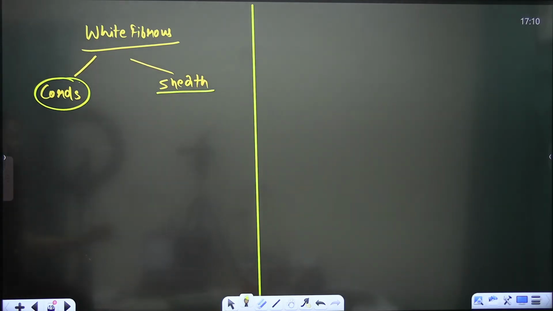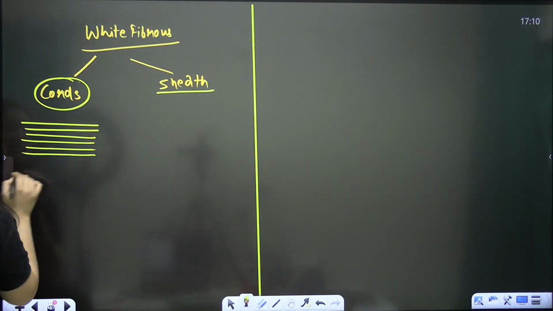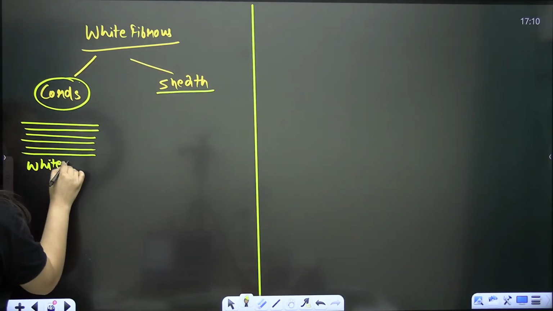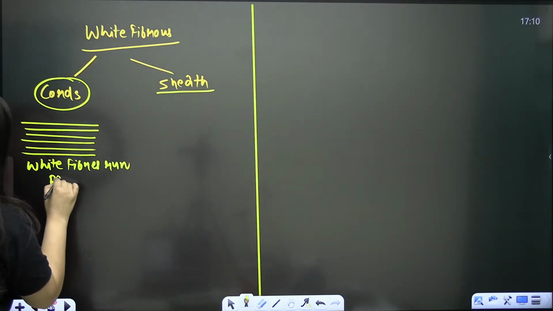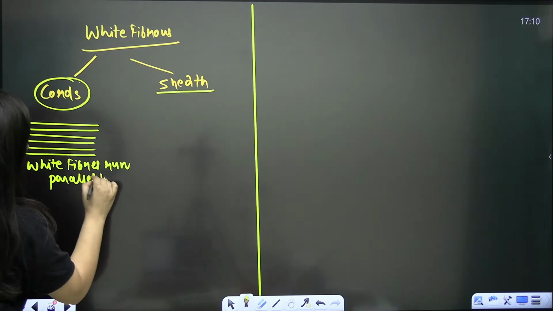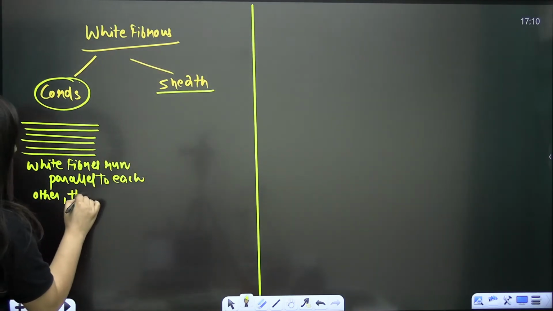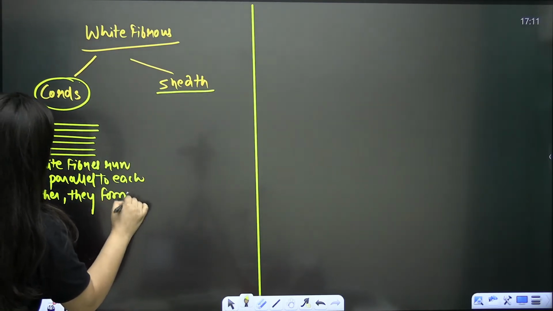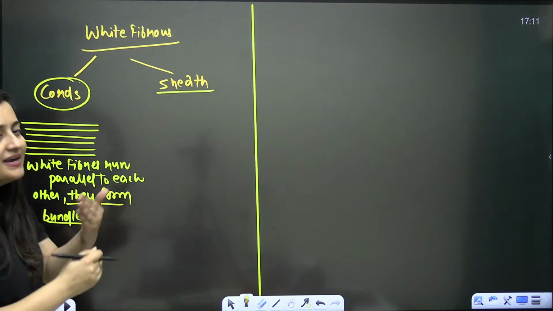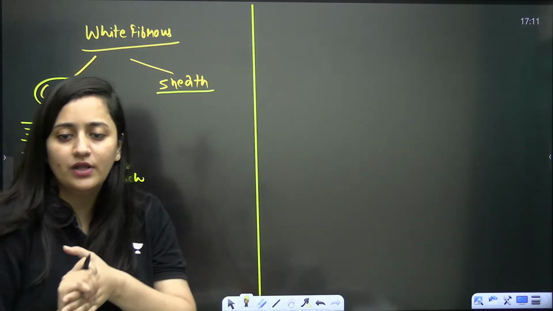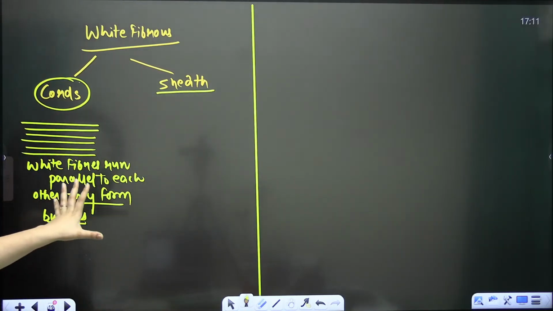Suppose here you have the white fibers. They run parallel to each other and form bundles. These bundles are attached with the help of areolar connective tissue.